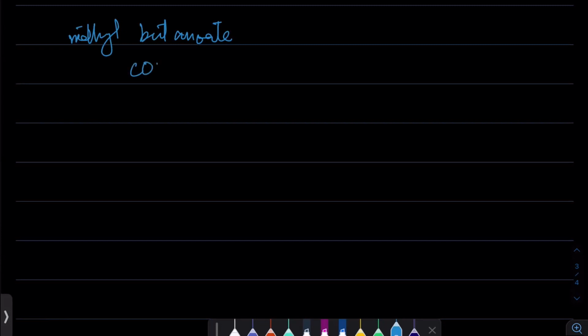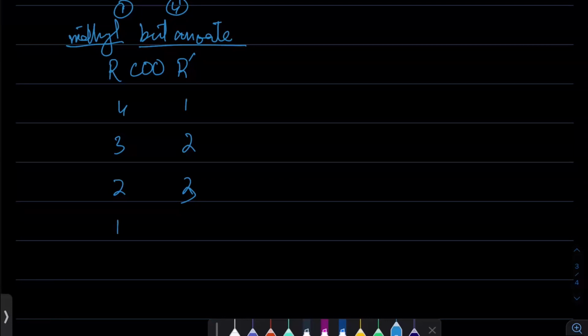I know that I have COO bond and there's alkyl on this side and there's alkyl on this side. Now, the way I will do it, I will just remember how many carbons I have on both sides. Because this is methyl butanoate, I have 5 carbons in total, 1 for methyl, 4 for butanoate. So right now I have 4 on this side and 1 on this side. Remember, this 4 includes this carbon as well. I can get another isomer with 3 here, 2 here, another isomer, 2 here, 3 here, another isomer, 1 here, 4 here.